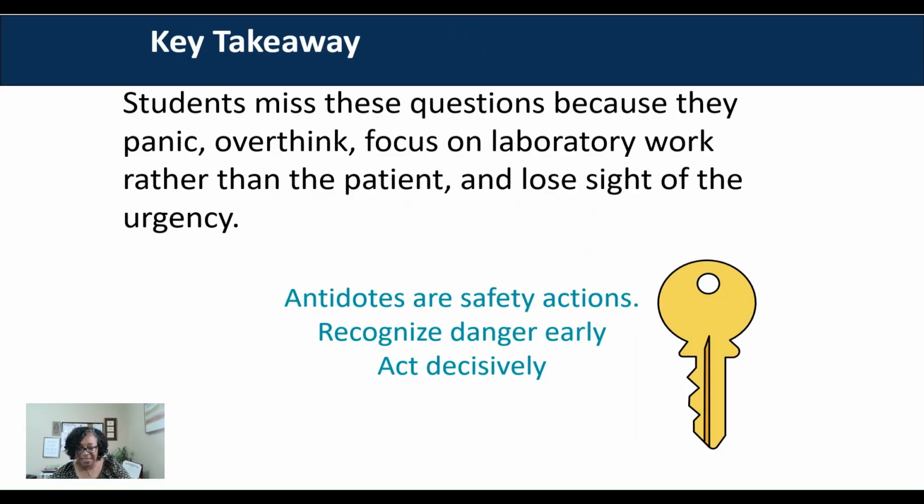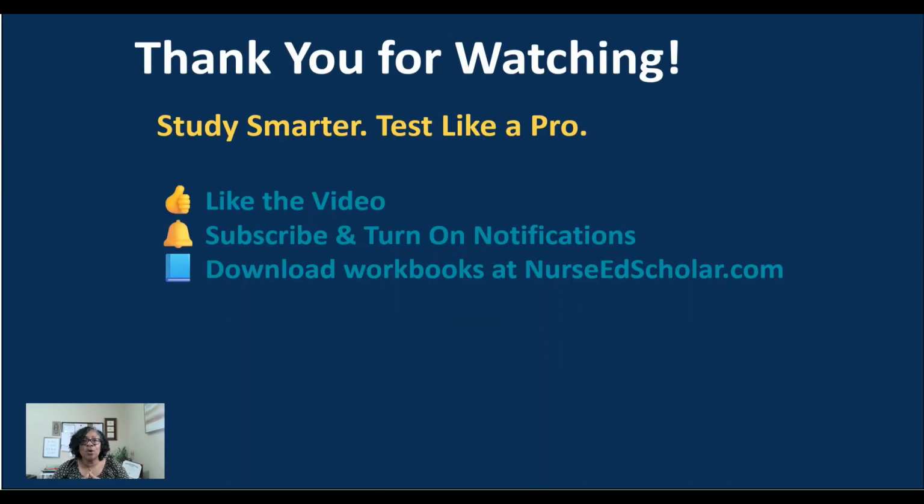They want you to be decisive. They want you to be safety focused in your nursing actions. That is what the NCLEX is looking for, and that is what they're testing for. Antidotes are safe actions, but it's important for us to recognize danger early. I want you to realize that antidotes are not about memorization, they are about recognizing danger and acting fast.